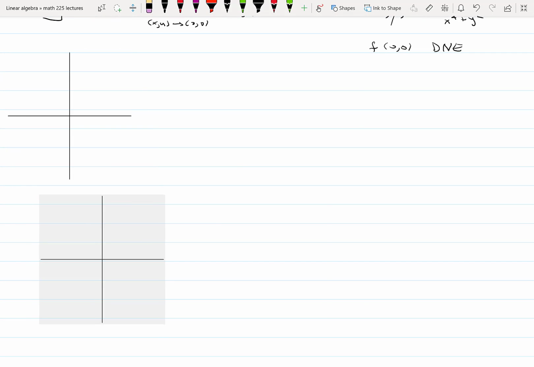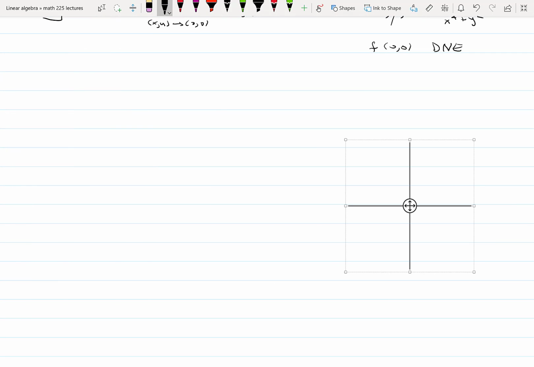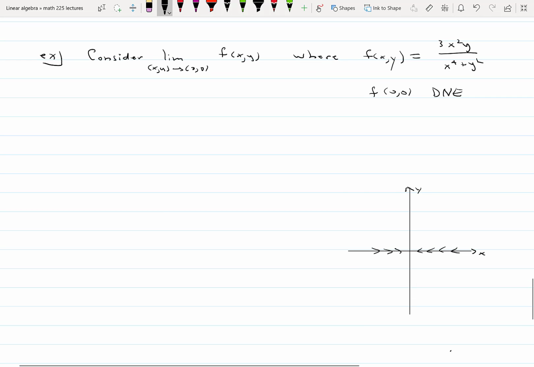First, let's let x and y approach the origin along the x-axis, and find the limit as (x, y) approaches the origin along the x-axis.